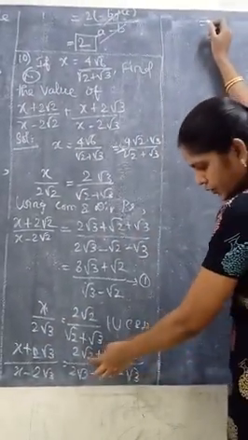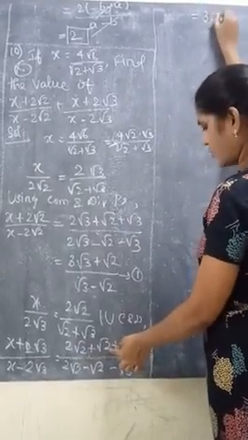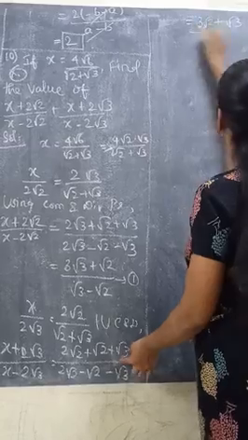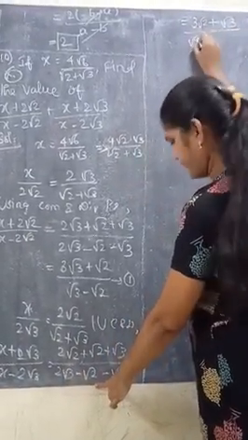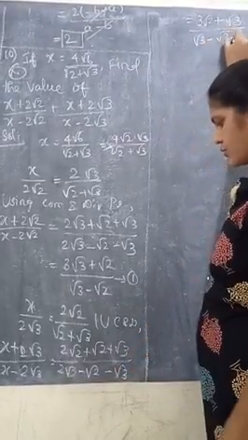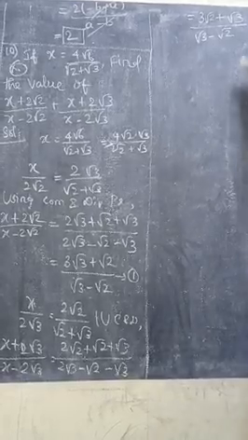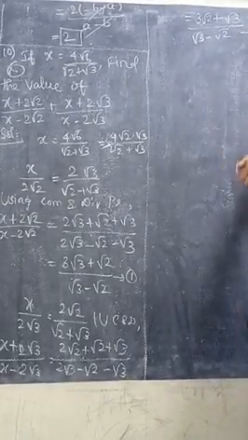So equal to 2 root 2 plus root 2, 3 root 2 plus root 3 divided by 2 root 3 minus root 3, root 3 minus root 2. Take this as equation number 2.